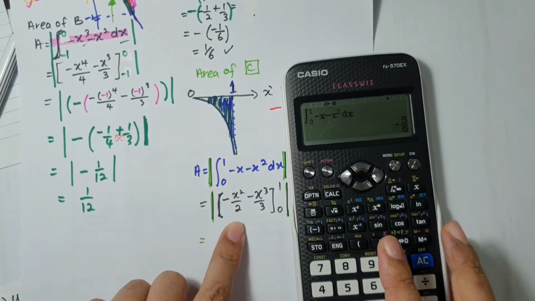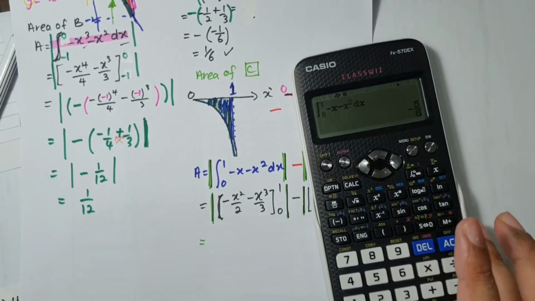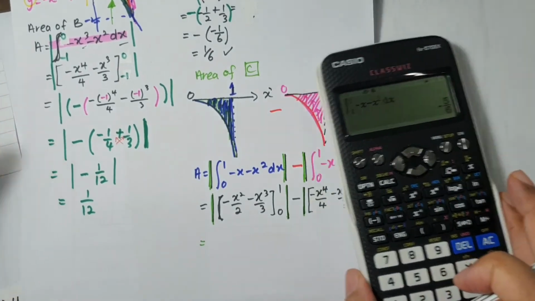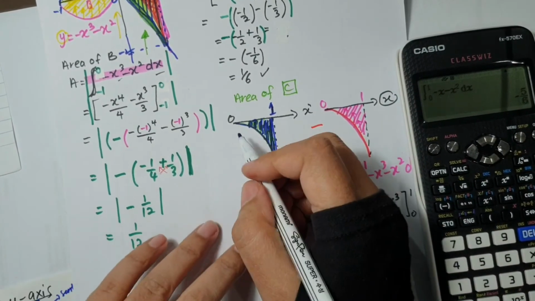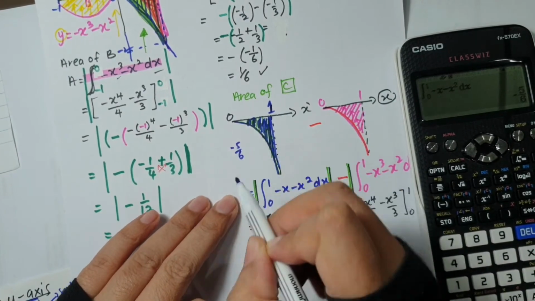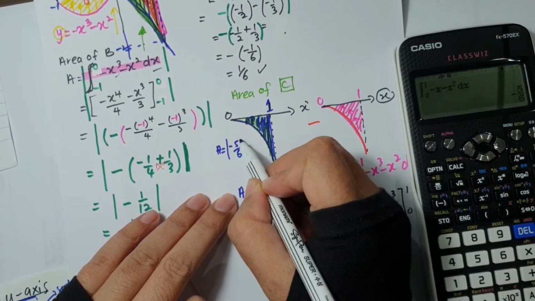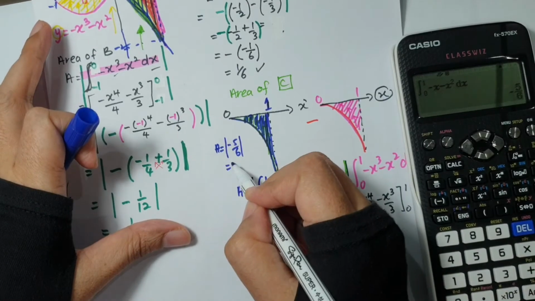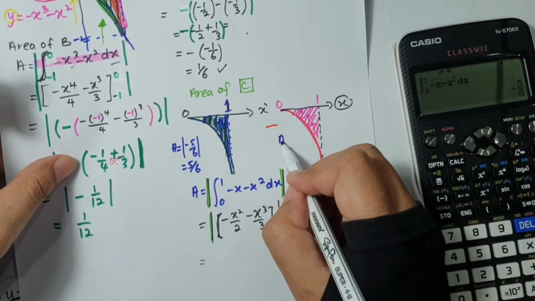Sepatutnya you dapat negative 5/6. Tapi nanti kita letak modulus lah. Become 5/6.